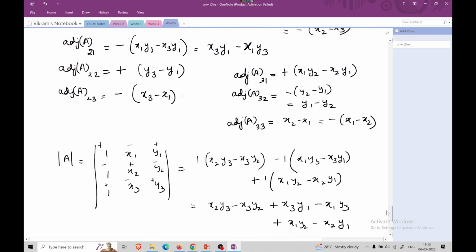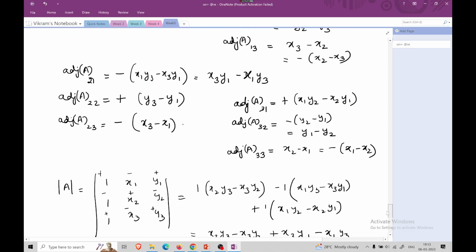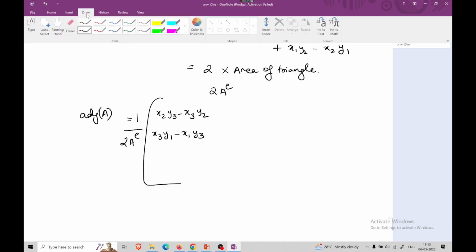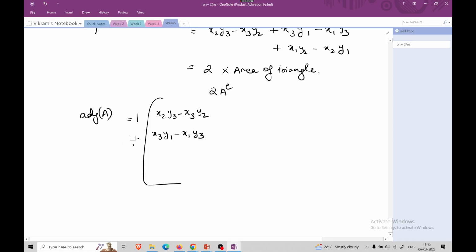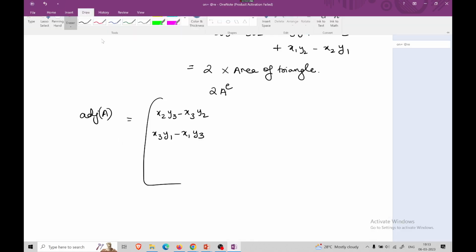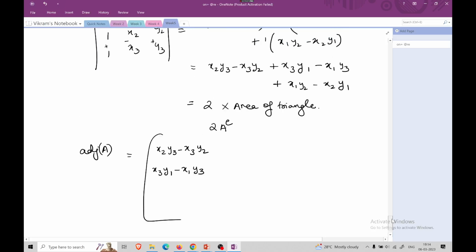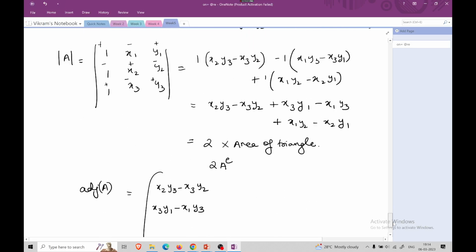Then second row first will be x3 y1 minus x1 y3. This is only the adjoint, so the 1 by determinant comes later. Again the third will be x1 y2 minus x2 y1.